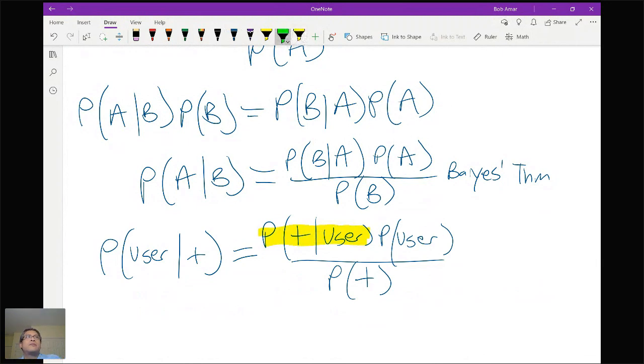Let's say that you also know what percent of people are drug users. You can predict the percent of positive tests you're going to get, and vice versa.